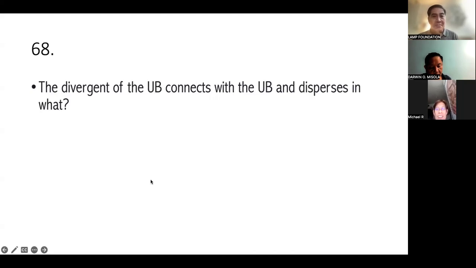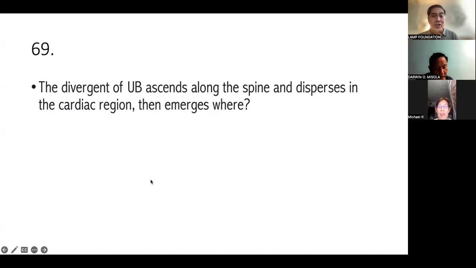The divergent of the bladder connects with the bladder and disperses in the kidneys. The divergent of the bladder ascends along the spine, disperses in the cardiac region, then emerges where? Neck. Okay. Kaya sumasakit yung nape natin. So this is what you should do to rejoin the bladder primary channel.